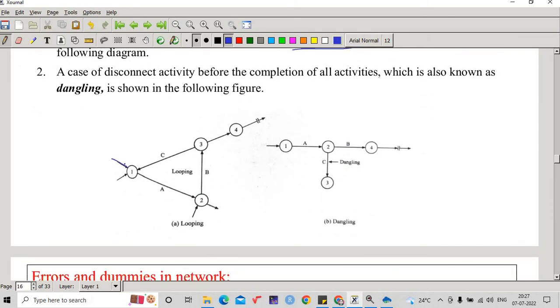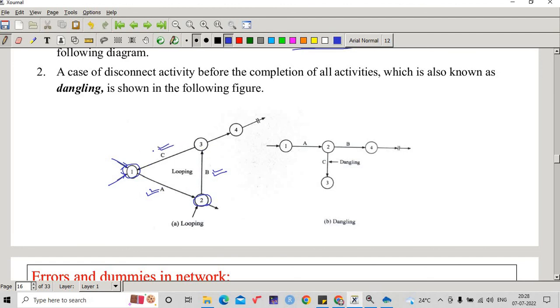Suppose some activities are coming from here and we are reaching this. From node 1 to node 2, activity A is being performed, right? After activity A, we can reach activity B, right? From this node, and then we can reach activity C once again through this direction.